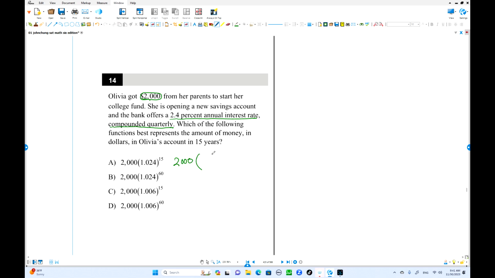Anyway, this is the initial, and 1 plus the rate divided by 4 here, right? 0.024 divided by 4 is what? 0.006, okay? This is a quarterly rate. We need the number of quarters. How about 4t, isn't it?